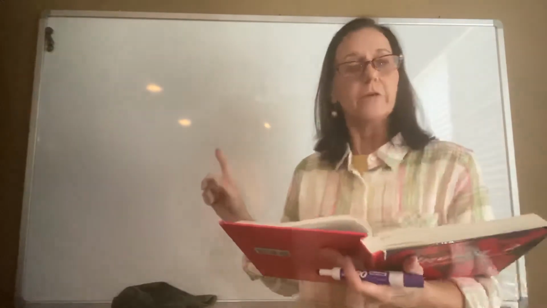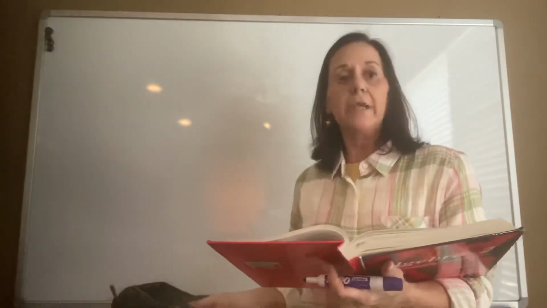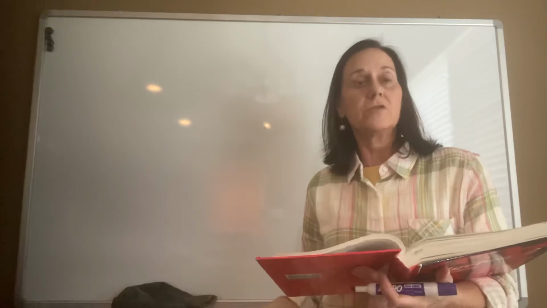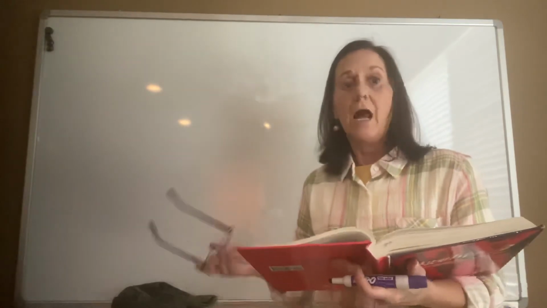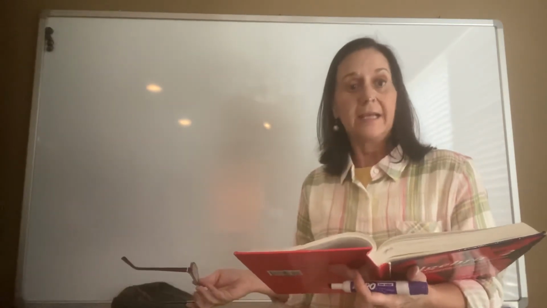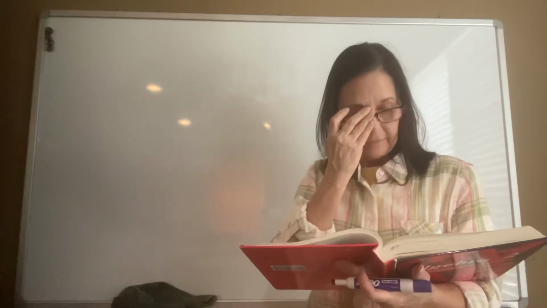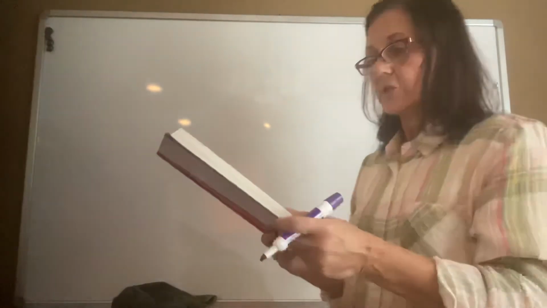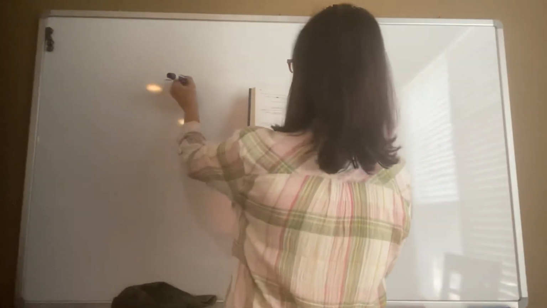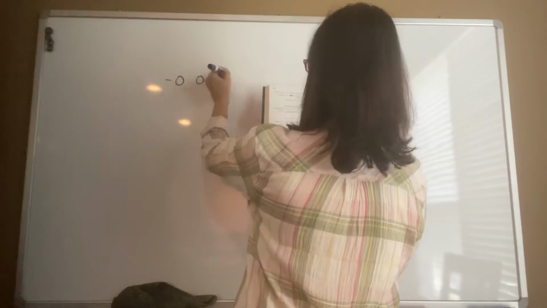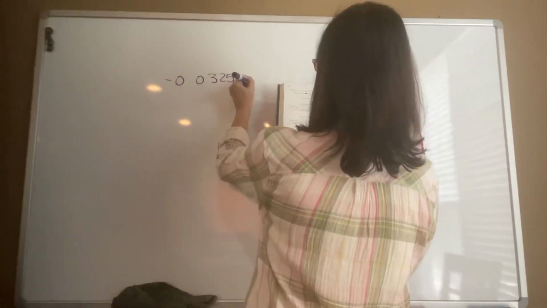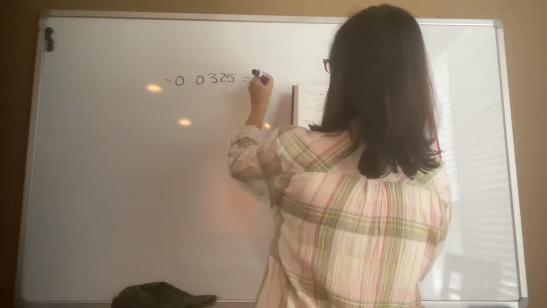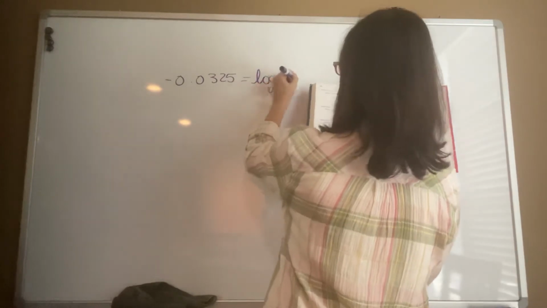Okay? So, on 113.2 and 3, I could have converted those to logs with base 10. I could have converted them with LNs. It doesn't matter. So look at 113.4. What if I have negative 0.0325 equals log base E of Y?